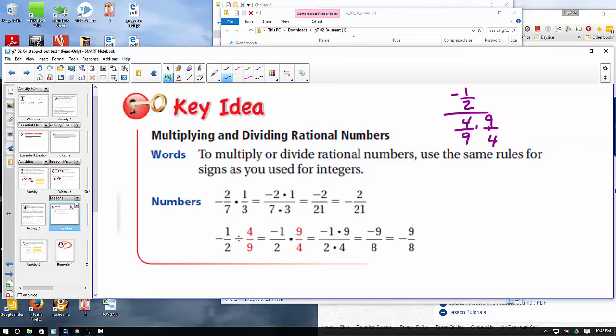If I multiply the bottom by that, I have to multiply the top by that as well. Now the bottom, when I do this, will equal over 1, right? So I'll have this number over 1. So that's why I get this 9/4, is what I'm really doing. So negative 1 times 9 is negative 9 over 2 times 4, which is 8. So that's another way to think of this as well.